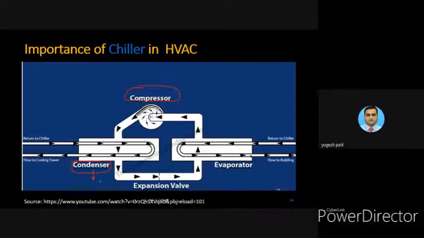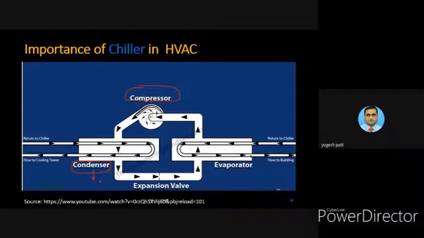So there are two types of chillers mainly available in the literature: air cooled chillers and water cooled chillers, meaning an air cooled condenser or a water cooled condenser. The names are based on the condenser. If the condenser functions with the cooling tower, then it is water cooled.